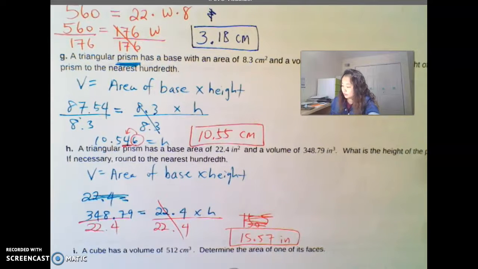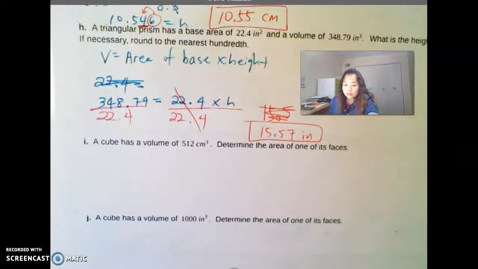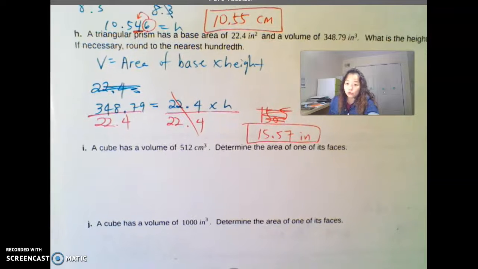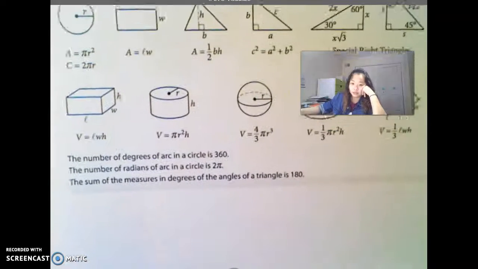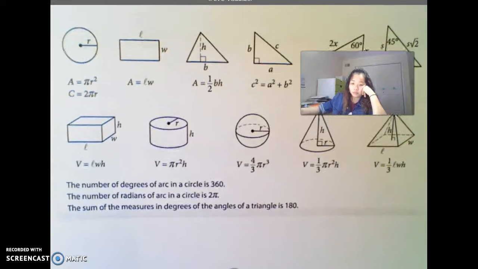All right. Now, the last ones are asking about a cube that has volume of 512 cubic centimeters. Now, that is something we haven't seen, and that is not something that's in here either. You see how I don't see any cubes.